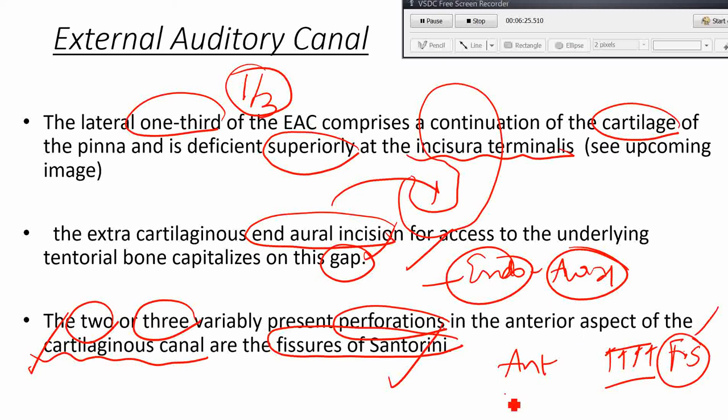They help in the spread of infection from the ear to the parotid.